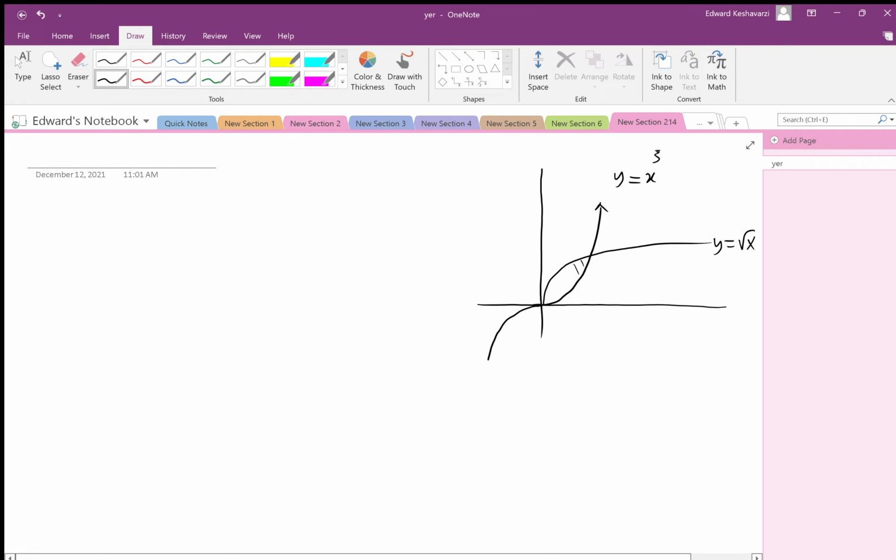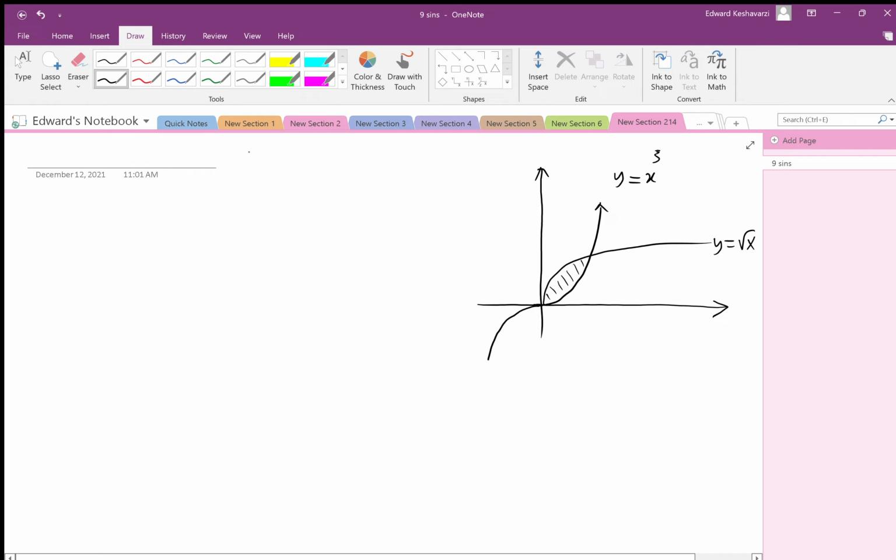So the area is the black area that is marked here. We are going to revolve this about the y-axis, and we are going to get the volume of the generated solid.